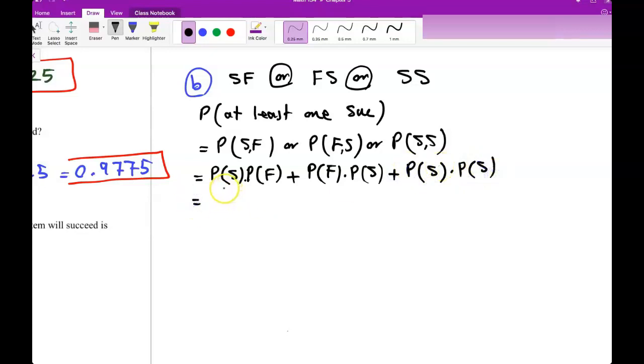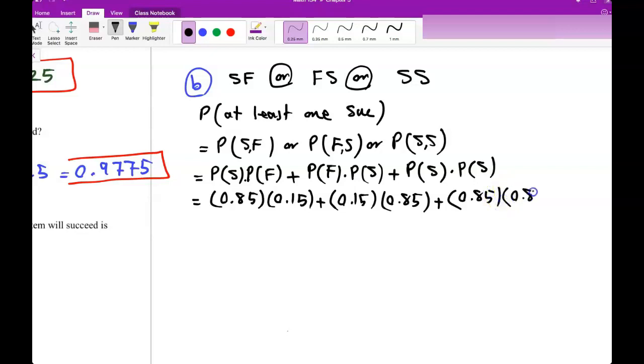That is equal to the probability of success, which was given as 0.85, and fail is 0.15, plus here fail is 0.15, success 0.85, plus 0.85 multiplied by 0.85.